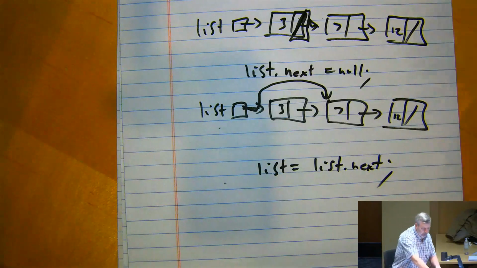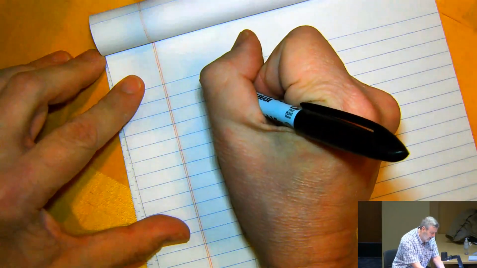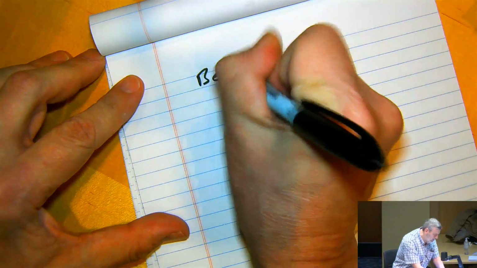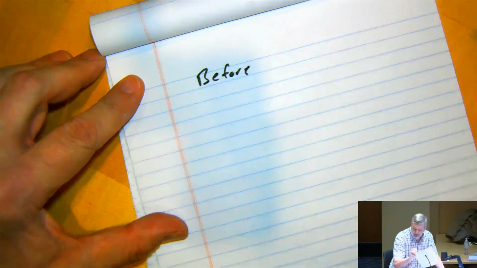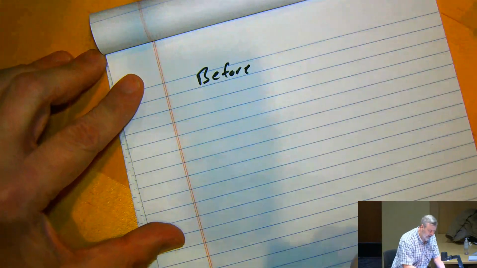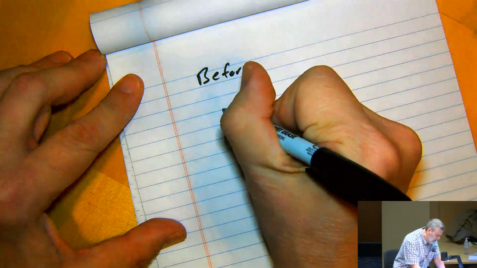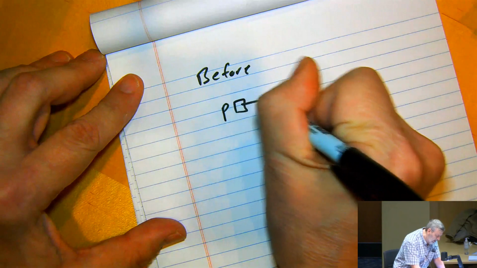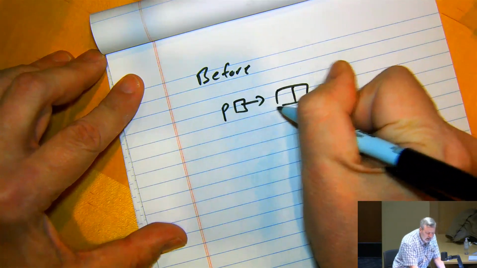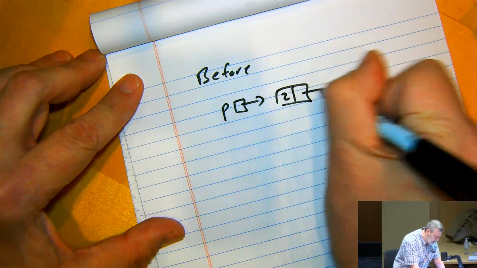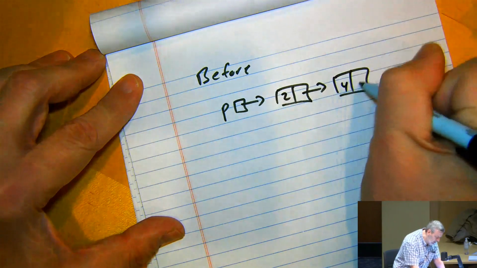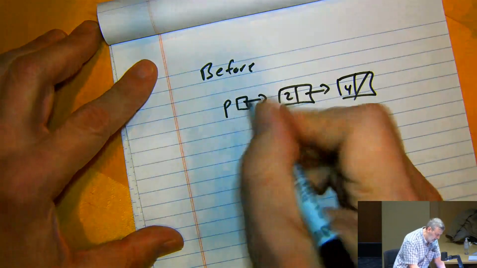And then what I want to do in this last little part of the lecture is talk about what we're going to be doing in section, and this will also be on the exam. So I have before pictures and after pictures. The before picture I want to draw here is, suppose that I have a variable p that refers to a node that has a 2 in it, which refers to a node that has a 4 in it, and then there's a null that terminates that list.